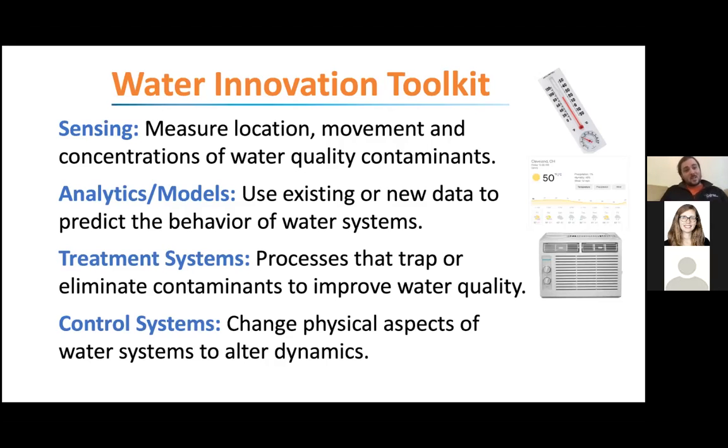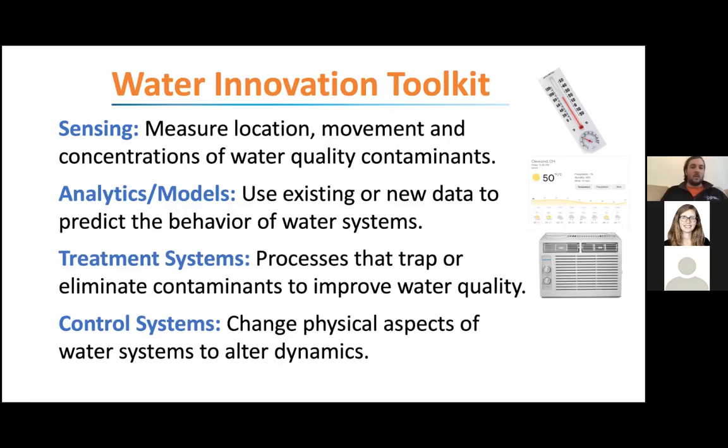With treatment systems, this is directly intervening to change the system to look like what you want it to. And so for us, in thinking about weather, we could think about air conditioning or a heating system. You could look at the sensor that you have, the thermometer, and say, "Wow, it is too hot. I'm going to turn on my air conditioner," and change that condition so that it's more the situation that I want to see.